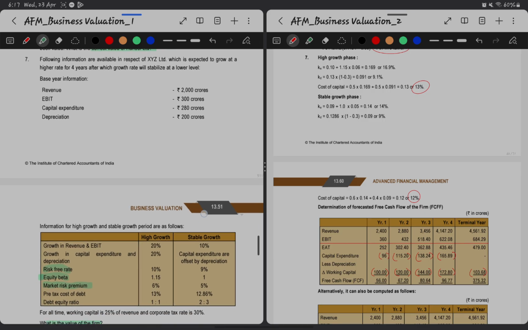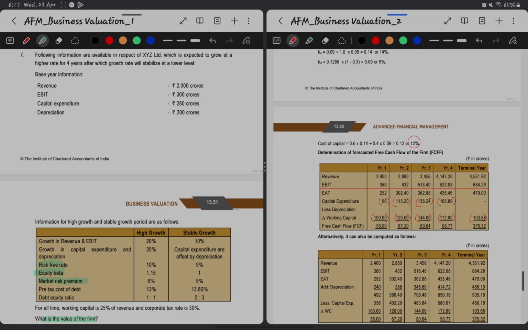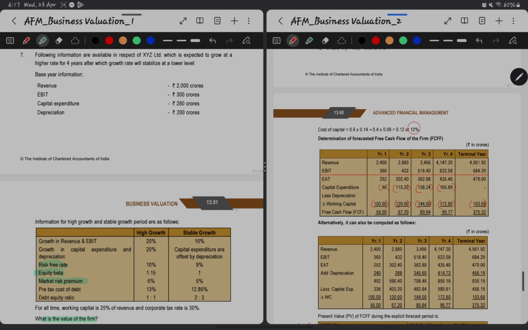For that we need PAT. So the formula for free cash flow to firm is nothing but the PAT, profit after tax, minus the capital expenditure, and minus any working capital addition. Working capital they have given as 25% of revenue, so working capital changes also will be reduced from the PAT to get the free cash flow to firm.